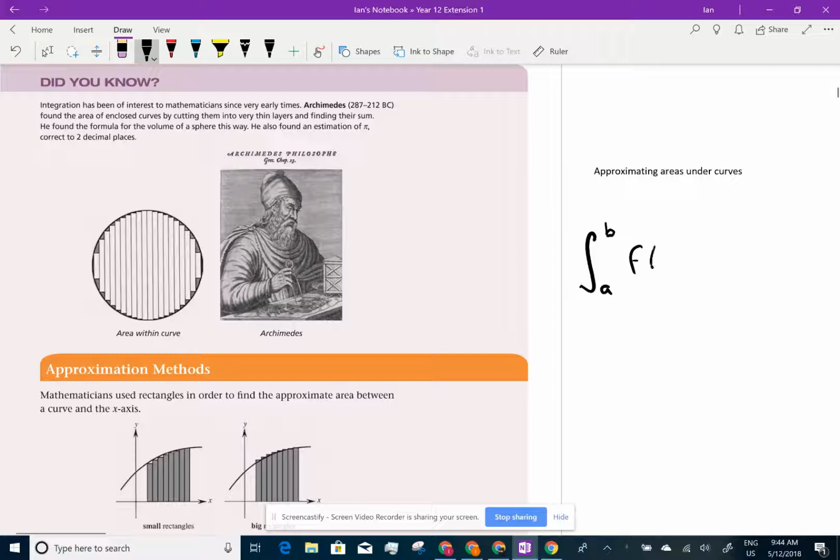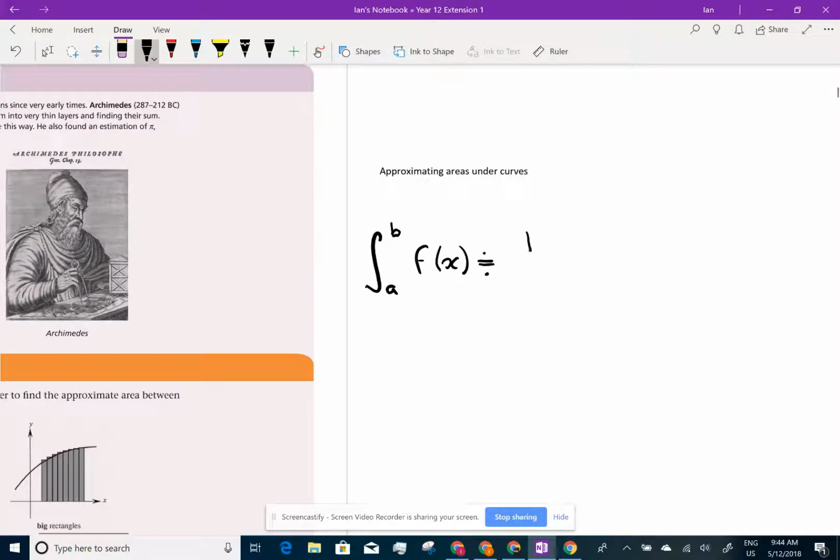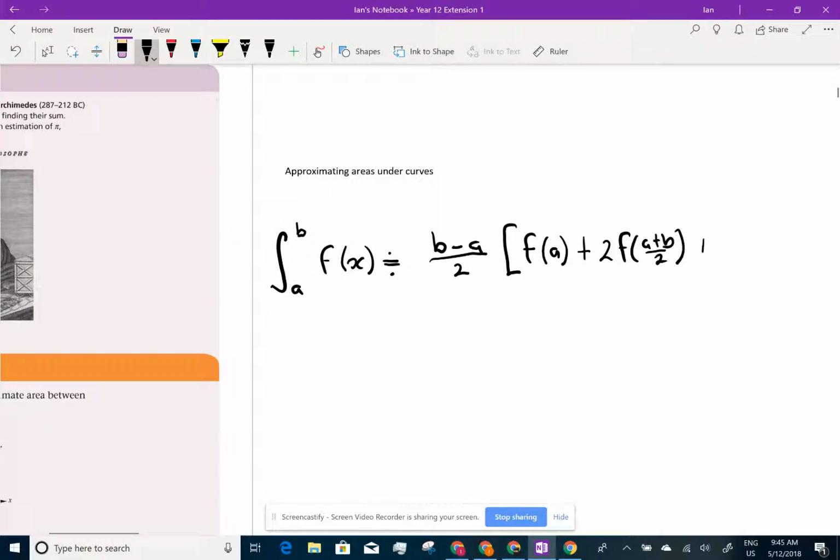for any function f(x) equals, and it's an approximate because we're using an approximation, (b minus a) on 2, and then we'll have f of a plus 2 f of (a plus b) on 2 plus f of b.